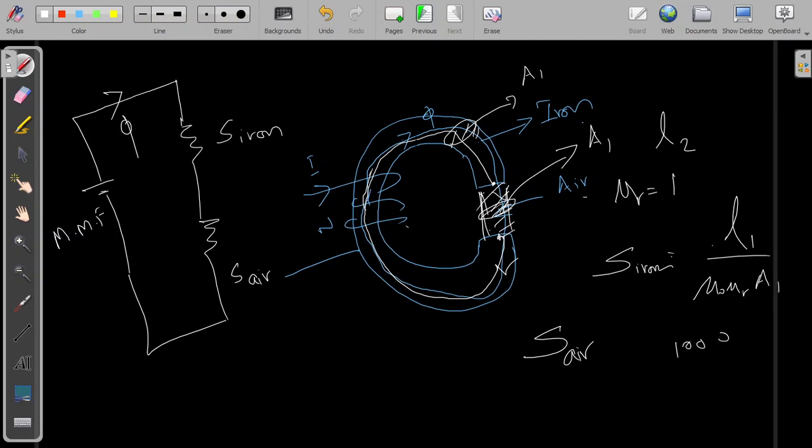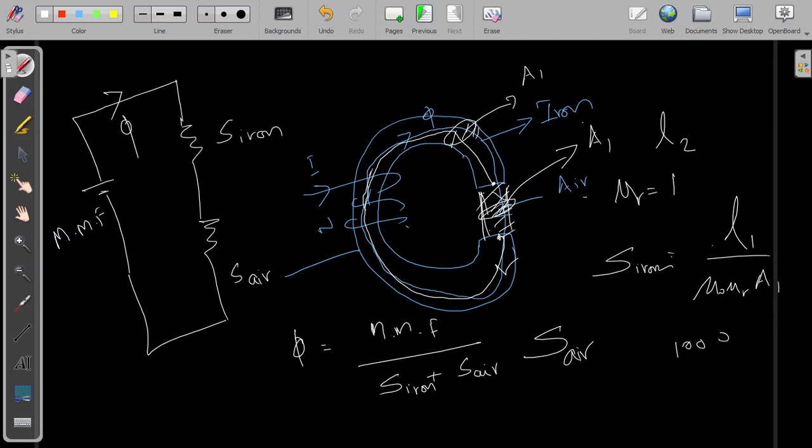So the magnitude of flux phi will be equal to MMF divided by S iron plus S air. So this will be the magnitude of the flux.